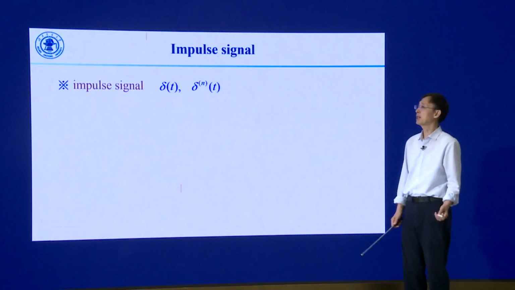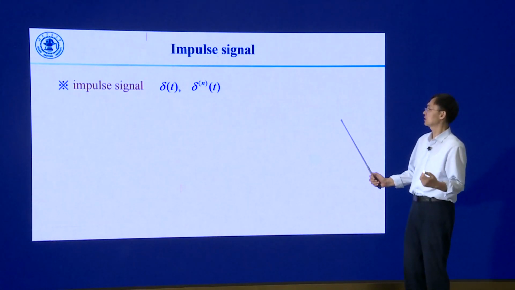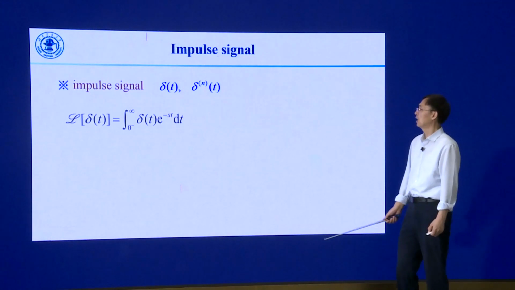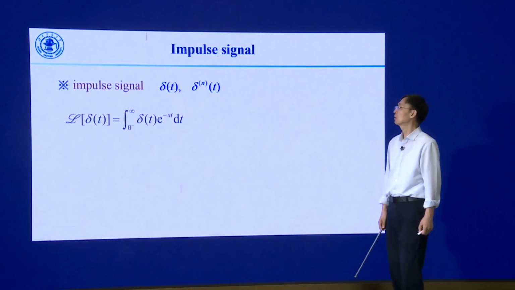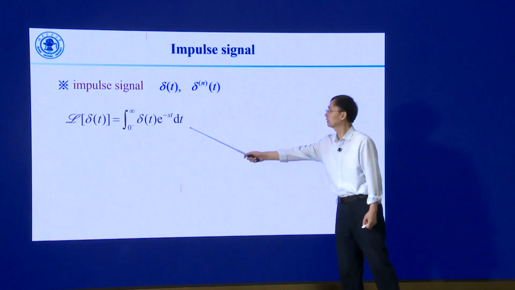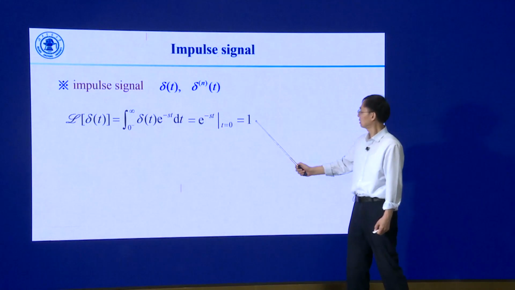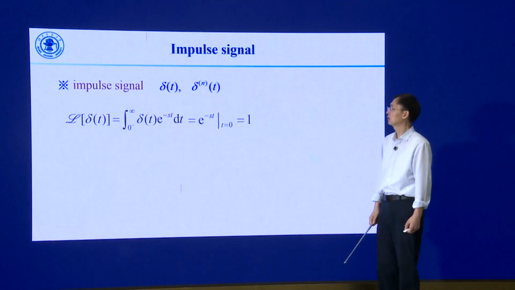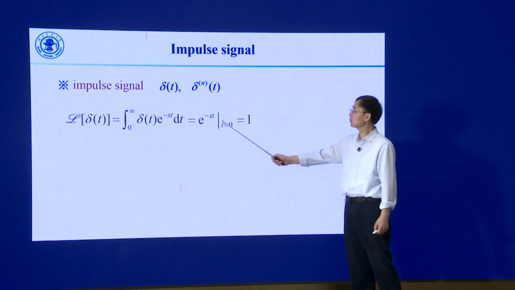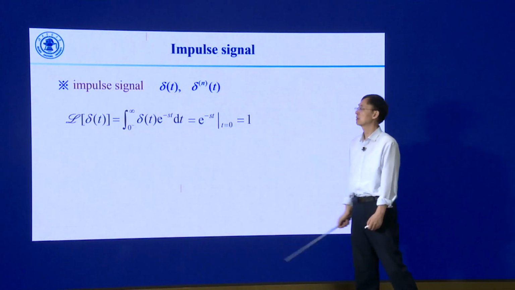First, we will study the impulse signal, delta t. According to the definition of the unilateral Laplace transform, we can get the result. In the process, there is no restriction on s.